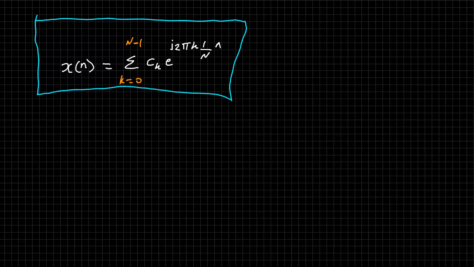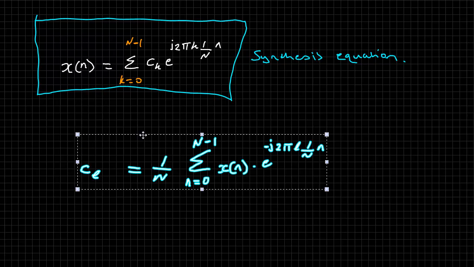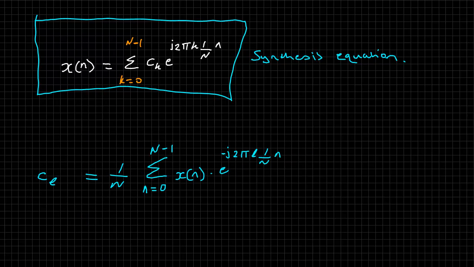So here's the synthesis equation which we derived earlier on. And we're also going to put down the analysis equation. And the analysis equation allows us to calculate the values of those weights.